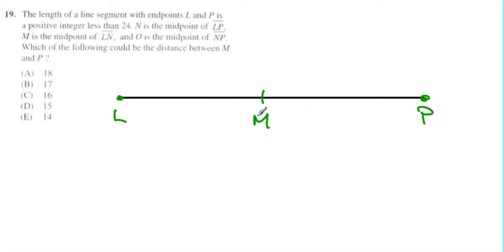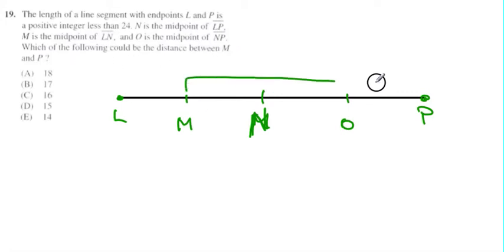N is the midpoint of LP, and M is the midpoint of LN, and O is the midpoint of NP. Now, which of the following could be the distance between M and P?